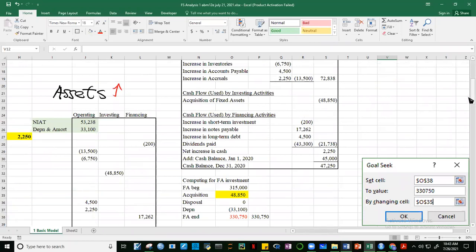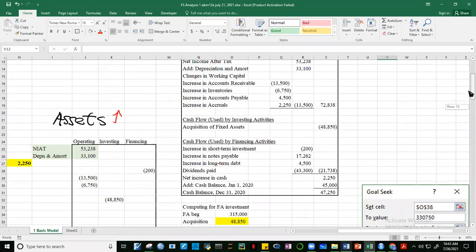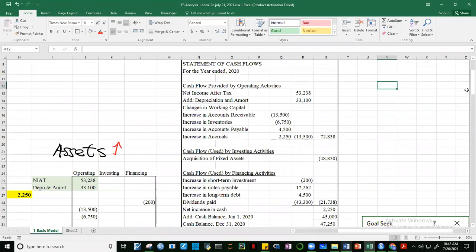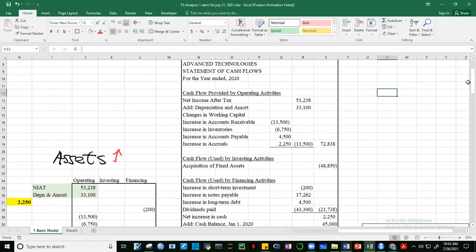Kaya usually for me, I prefer using this one first, bago ko ginagawa ito. Okay, any questions? Okay, thank you.